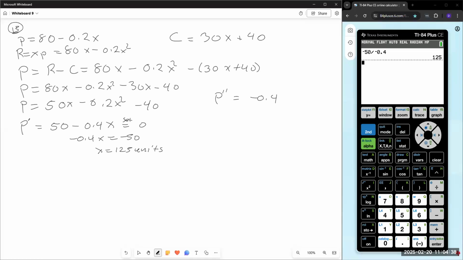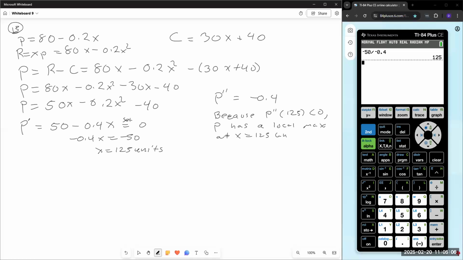So let's just say because P double prime of 125 is less than 0, P has a local max at x equals 125 units.